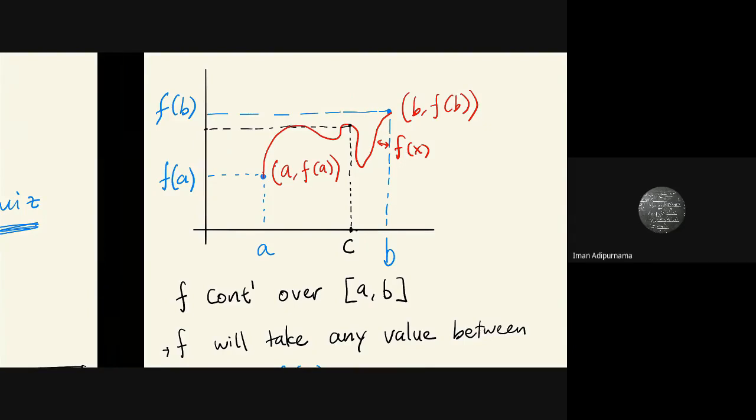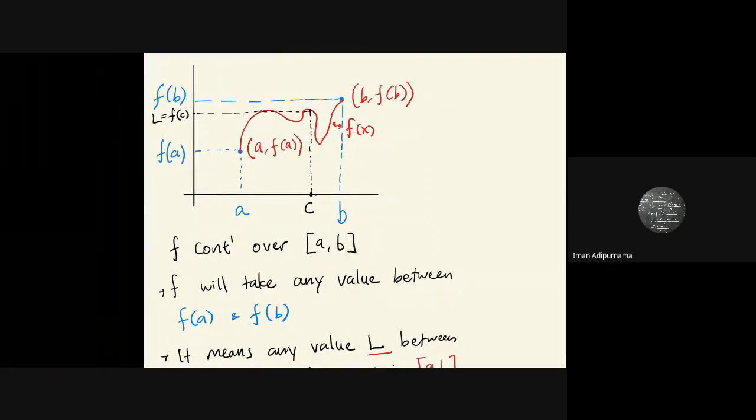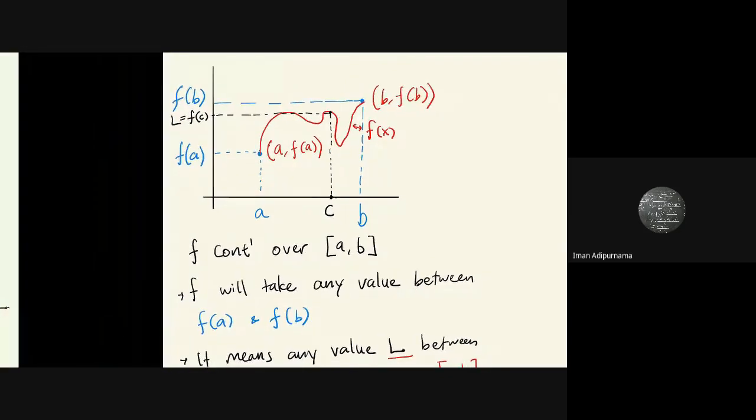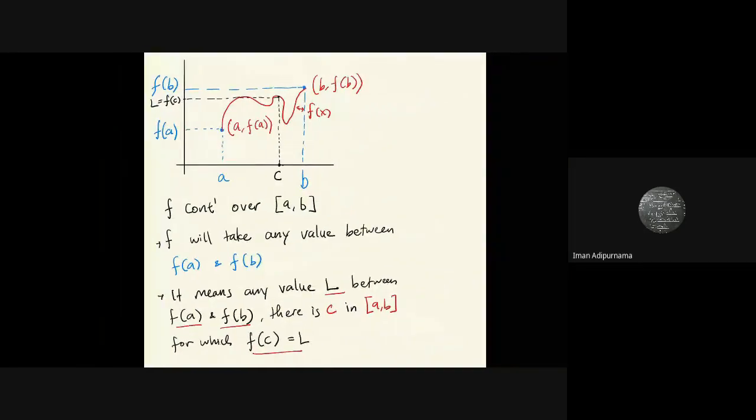And this is f of C, or this is L. So if your function is continuous over A and B, there will be a number C such that if you plug C into the function, you will have the value f of C between f of A and f of B. It's not too difficult to understand from the graph. So whenever you have C in the middle of A and B, any point in between A and B, you will have f of C in between f of A and f of B.